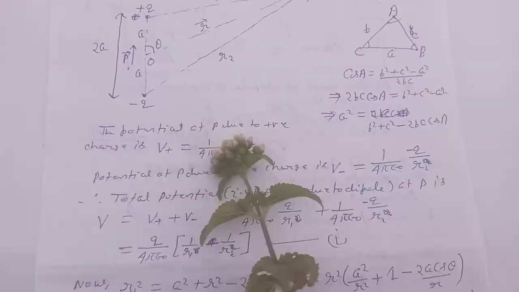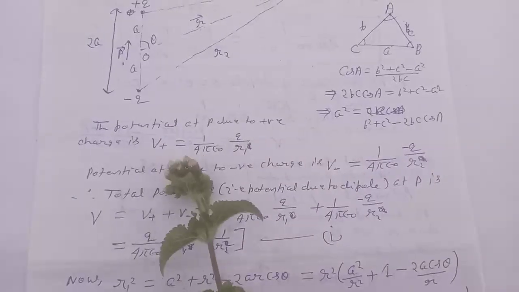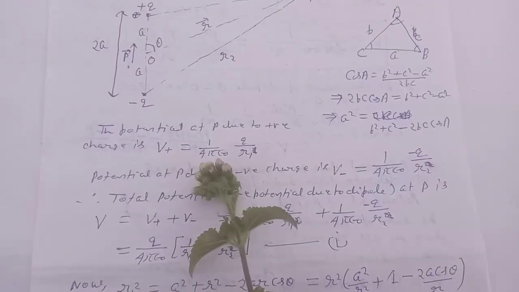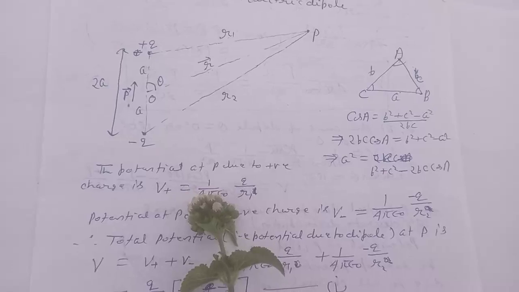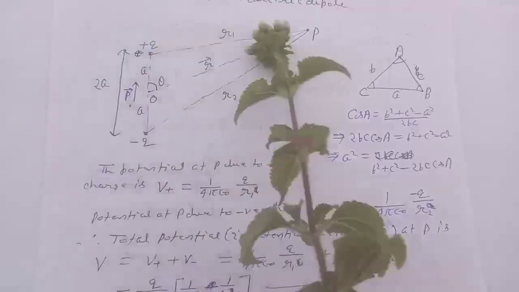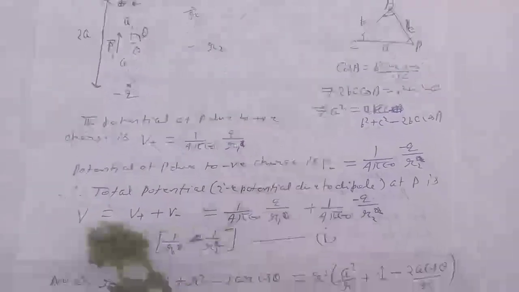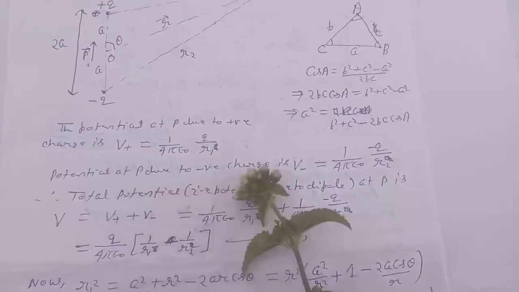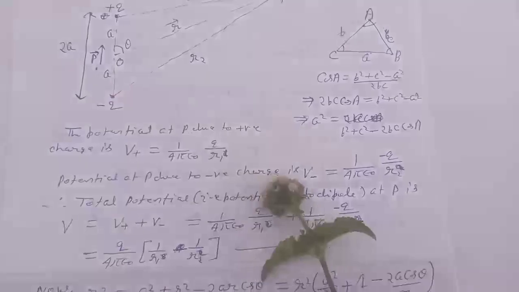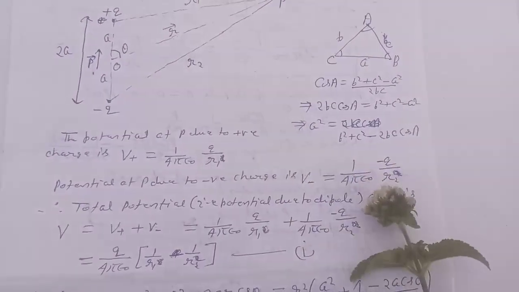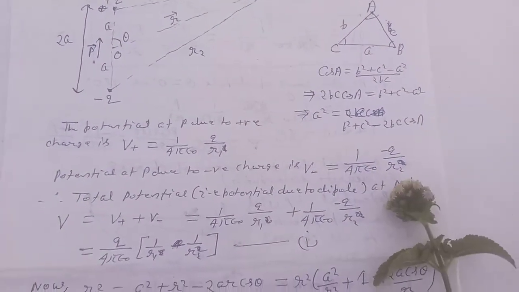Now the potential at P due to the positive charge is V plus equals 1 by 4 pi epsilon naught Q by R1, since the distance is R1. Now the potential at P due to the negative charge is V minus equals 1 by 4 pi epsilon naught into minus Q by R2.